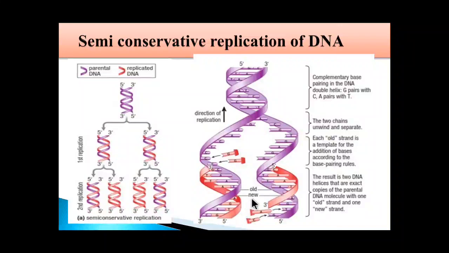So the result is the formation of two daughter DNA molecules which are identical to each other and to the parent molecule. Each daughter molecule has one strand from the parent, and one is new. In other words, during replication, half of the original DNA molecule is conserved and the complementary half is newly synthesized by base pairing, and this is called the semi-conservative mode of replication of DNA.